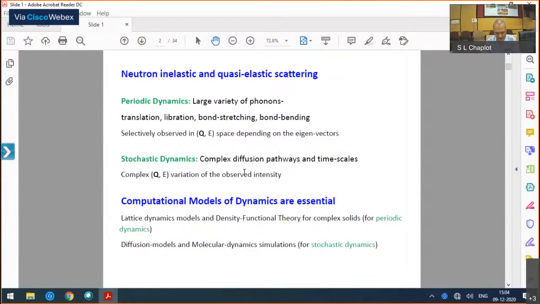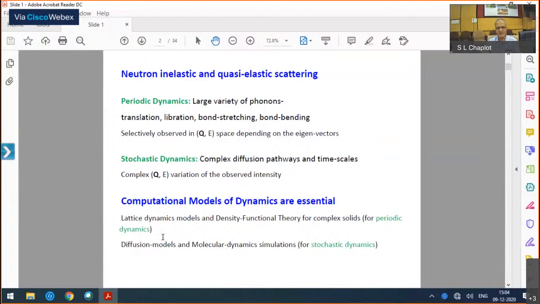However, with more complex materials like perovskites or high temperature superconductors or organic crystals and so forth, it is essential to have computational models of the dynamics for two purposes. One, to plan the experiment properly, and then also to analyze the results and draw conclusions out of it.